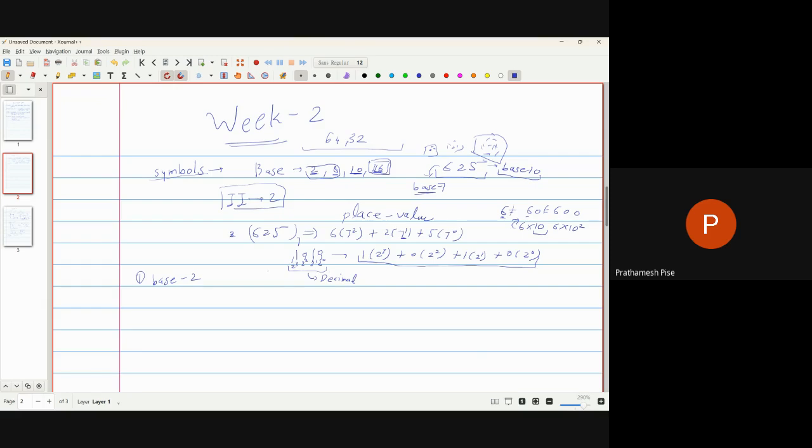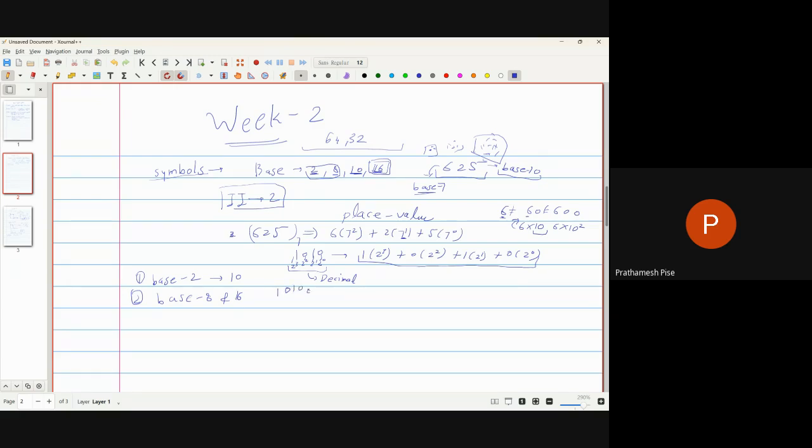Okay, the same is true for base 8 and 16. If it is base 8, we have to just do the same thing.